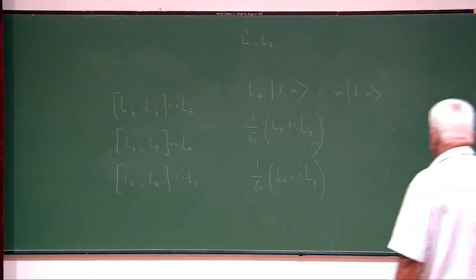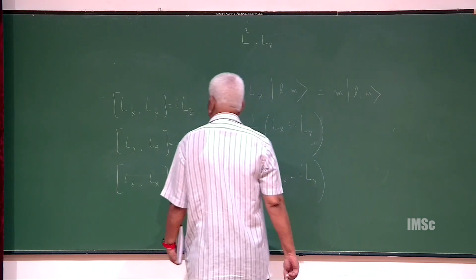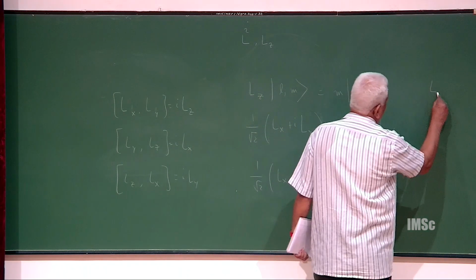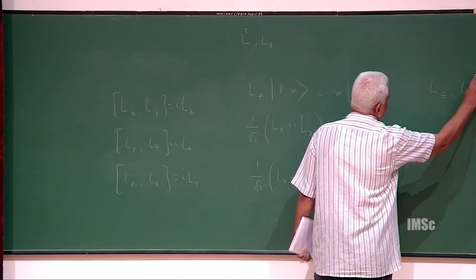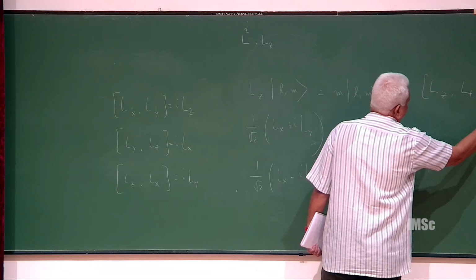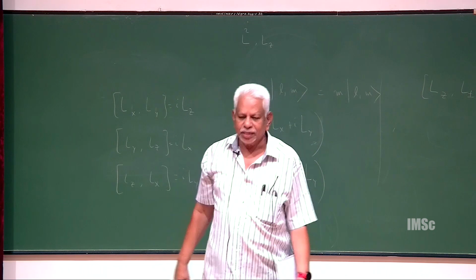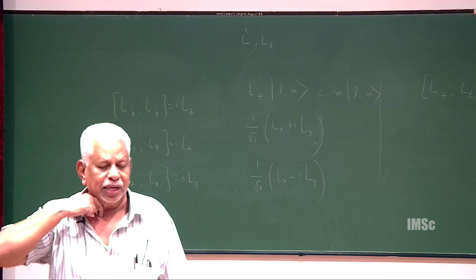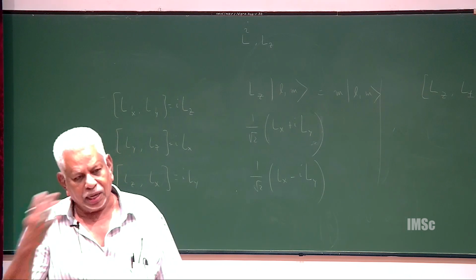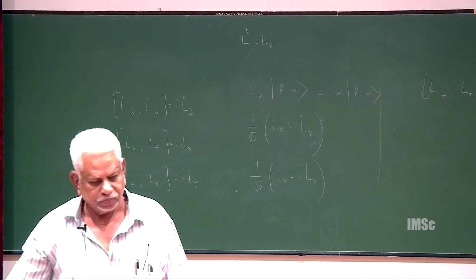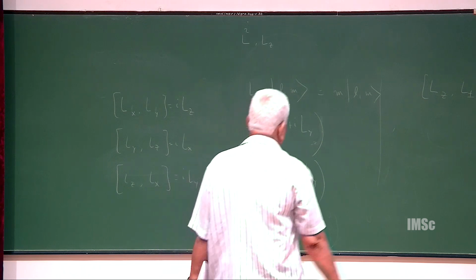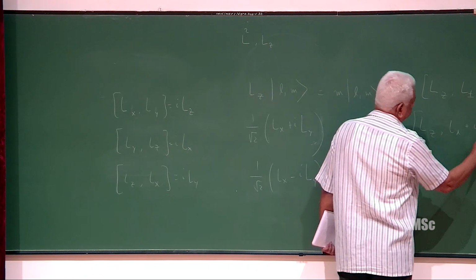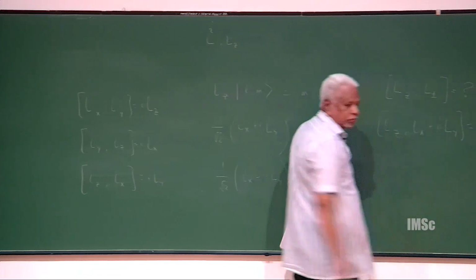Here also the same thing is happening, using the fact that you can work out, take it as an exercise, the commutator of Lz with L plus minus. Lz with L plus, where L plus is Lx plus iLy, and also Lz with Lx minus iLy.